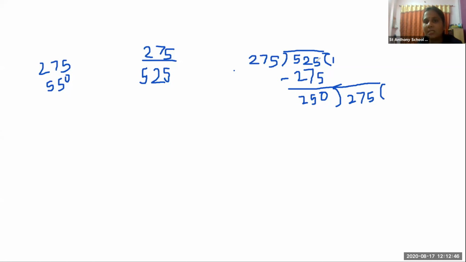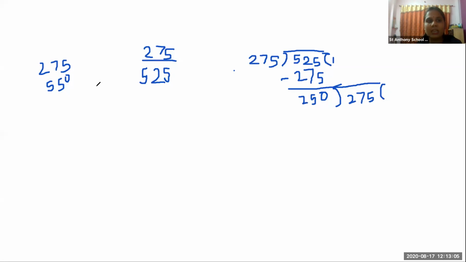Then we did subtraction: 5 minus 5 is 0, 12 minus 7 is 5, 5 minus 3 is 2. After getting this 250, I will take this 275 to this side.